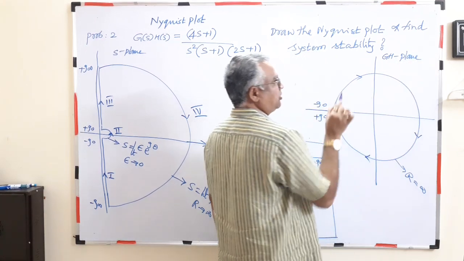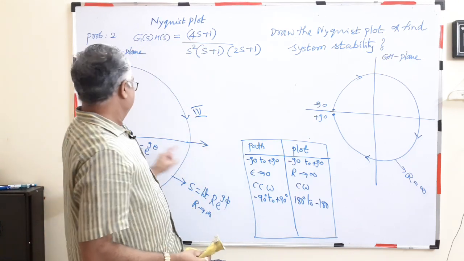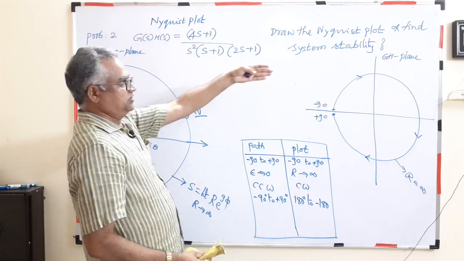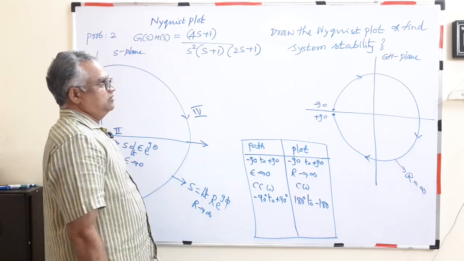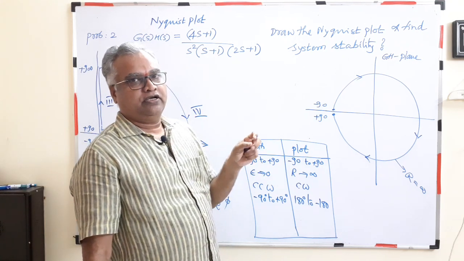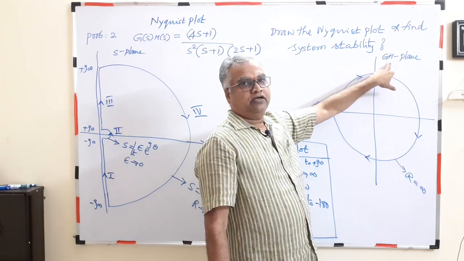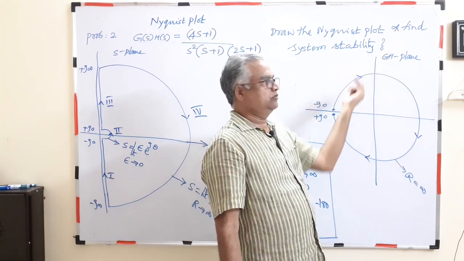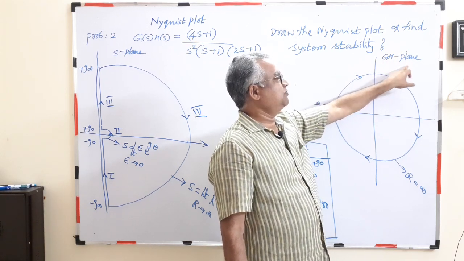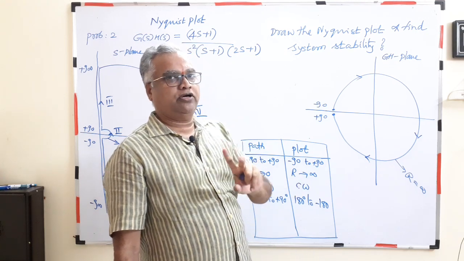It is not the delta of S plane, because I am substituting in G of S H of S. That's why it is a GH plane. If I go for delta of S, with further simplification, then this will be the delta of S plane. So why waste time? So GH plane. But if I take the GH plane, my encirclement is always with respect to -1, not 0.